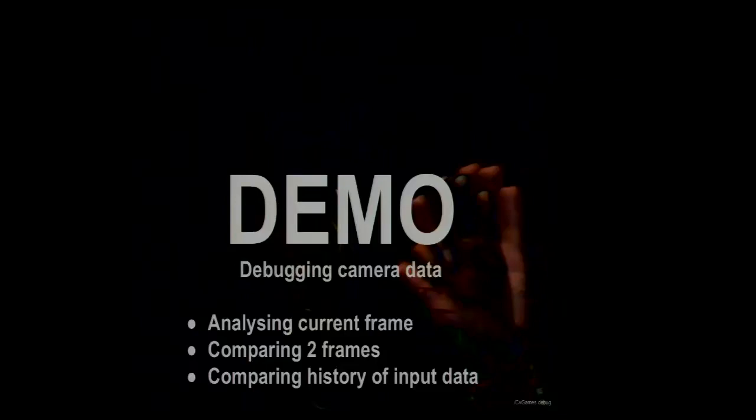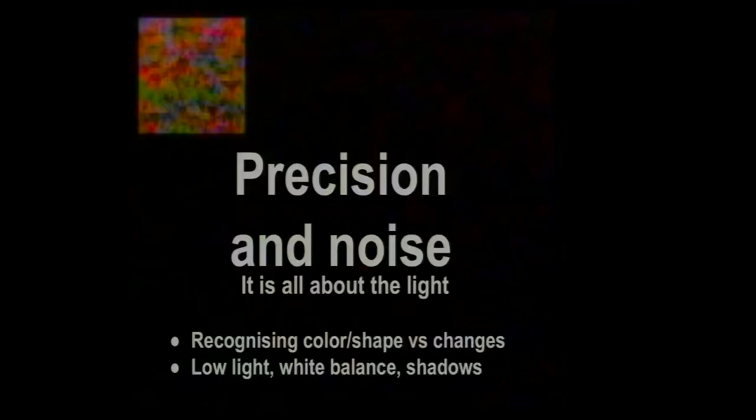But as you saw from the first and second demo, there were some problems with recognition, and the first thing you will hit when you are doing something with computer vision or a webcam is noise and precision.